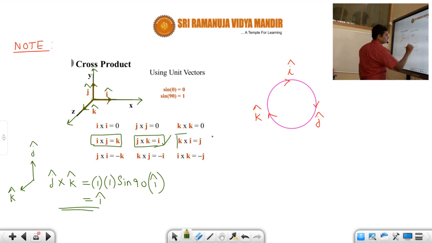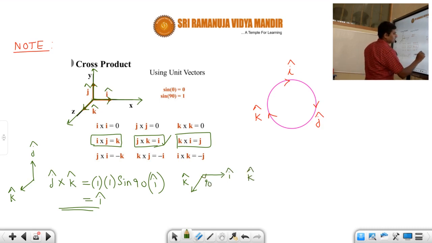In the same way, we can also calculate k cross i, students. Suppose this is the k vector and this is the i vector, and this angle is 90. So k cross i is equal to magnitude of k 1, magnitude of i 1, into sine 90.